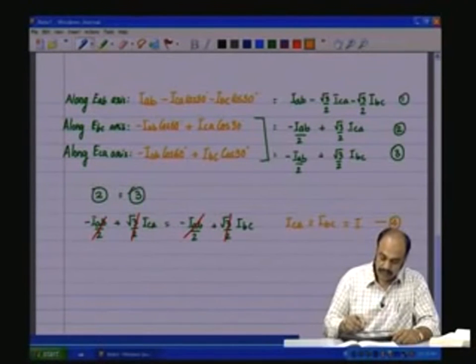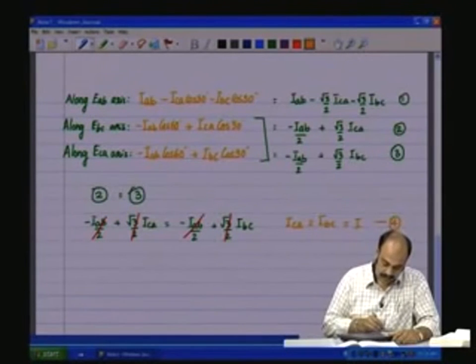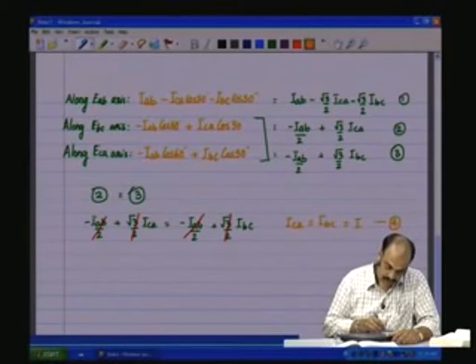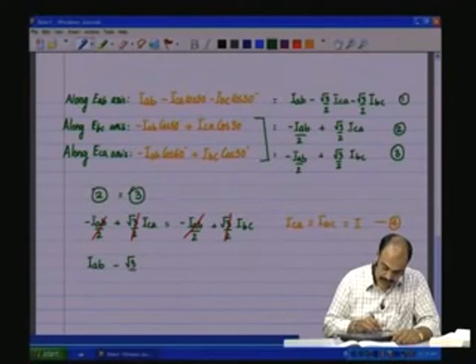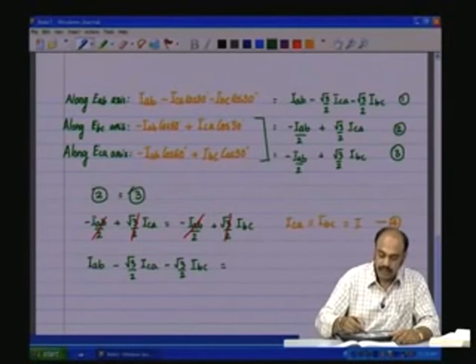Now, let us substitute I for I_BC and I_CA in 1 and then solve for I_AB. So, now we have I_AB minus root 3 by 2 I_CA minus root 3 by 2 I_BC is equal to any one of these two currents, because we have already equated these two.